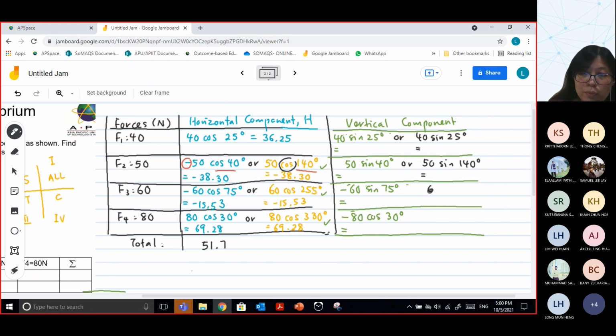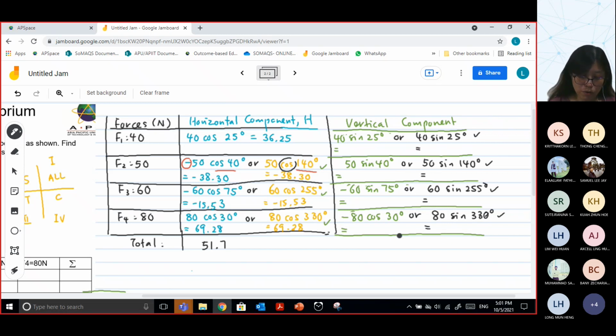So next one will be 60 sine 255. Next one will be 80 sine 330. Okay, so I recommend you to use the second one, and you're supposed to get the same answer.